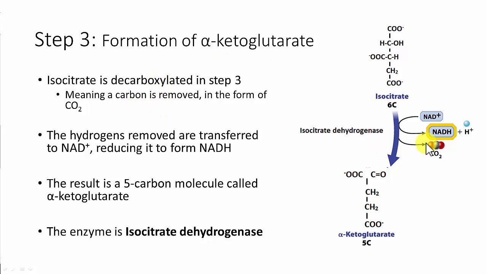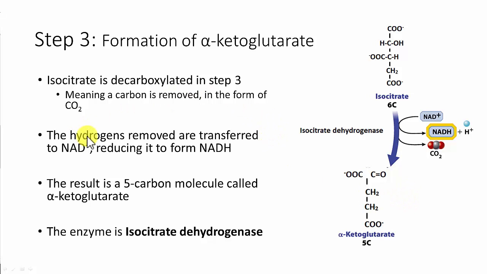So in other words, we're going to remove another CO2, another carbon in the form of CO2, and what we're going to see here in step 3 is that another carbon that started out in the form of glucose is now going to be removed. So we're actually going to be down to 2 carbons left from glucose after this one is removed.